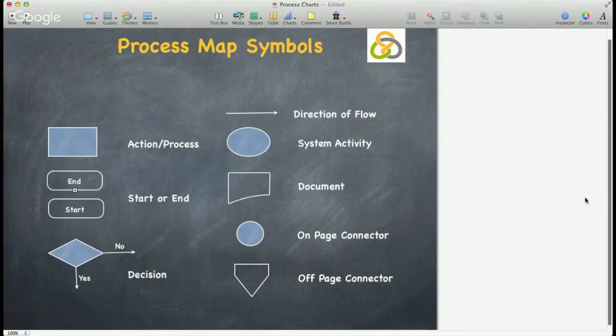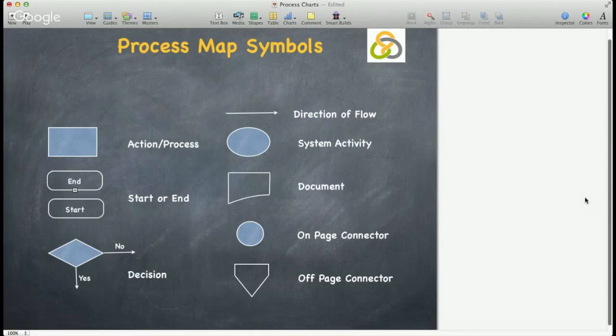And if you have the strange depiction on the bottom right-hand corner, the off-page connector, that means that it's something that is linked to a different page, a different access, a different map. And that can often happen with a symbol like a 1, 2, 3 or an ABC to depict where that needs to be considered at a later date. So those are the process map symbols.